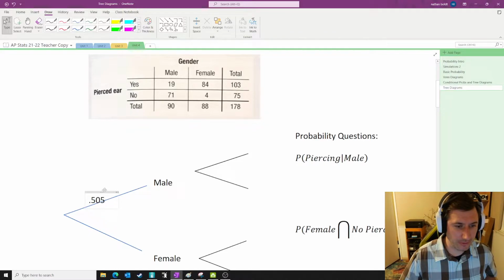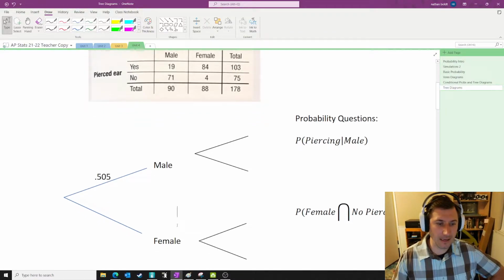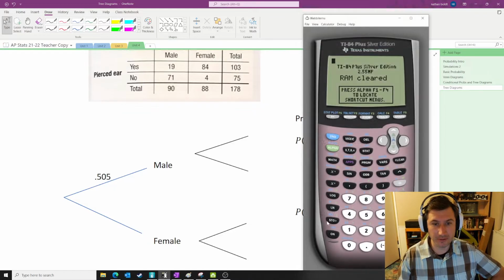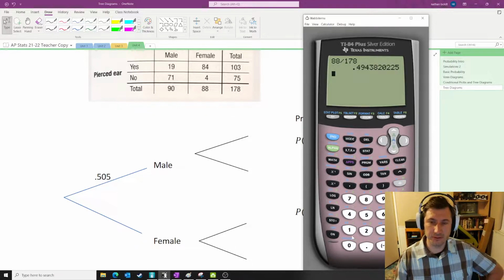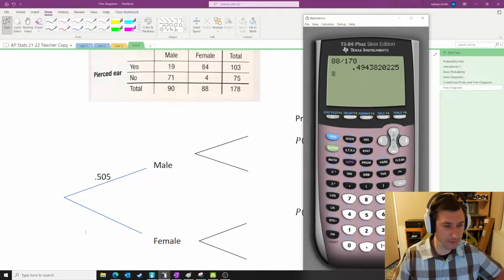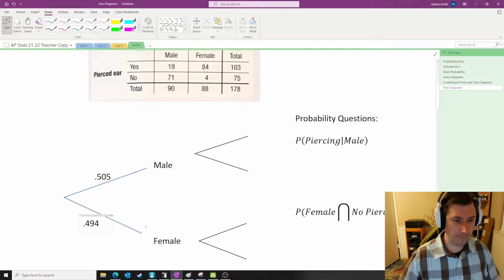You'll put the probability along the branch of the tree there. And then the complement of that would have to be for female, right? You just do 1 minus that number, or you can do 88 divided by 178. Just do the other margin, and you get 0.494.